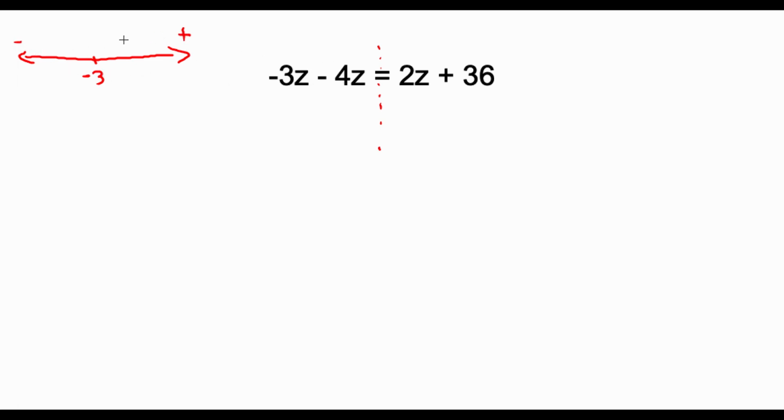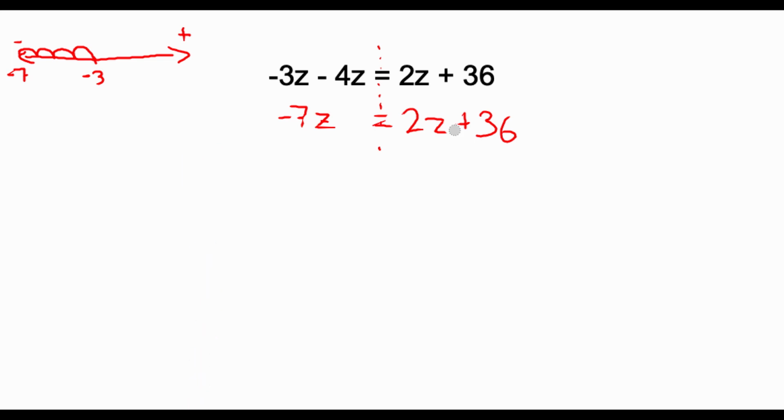Since you're taking away 4 from it, the negative 3 is going to lose 4 more values, 1, 2, 3, 4, and you're going to end up at negative 7. So the answer for this will be negative 7z, okay, equal to, I didn't do anything to this side, so I'm simply going to bring 2z plus 36.